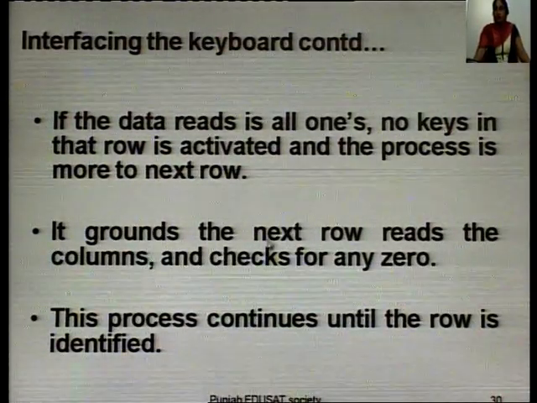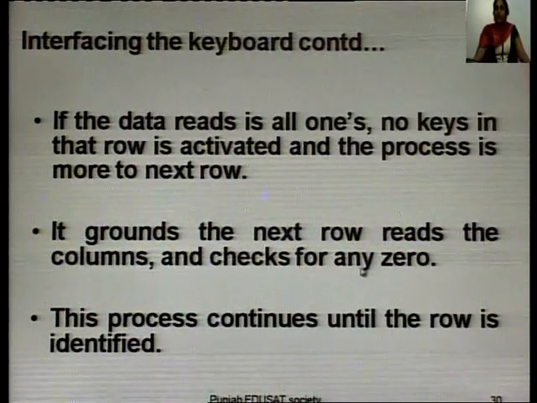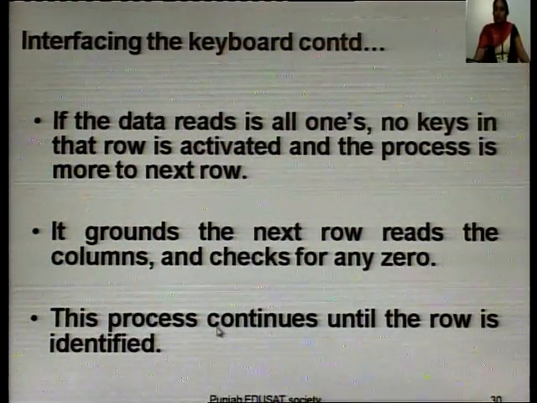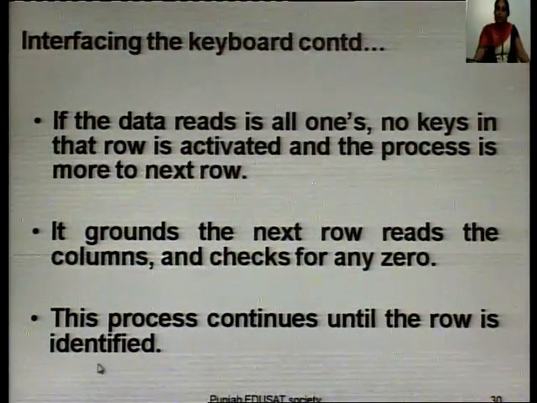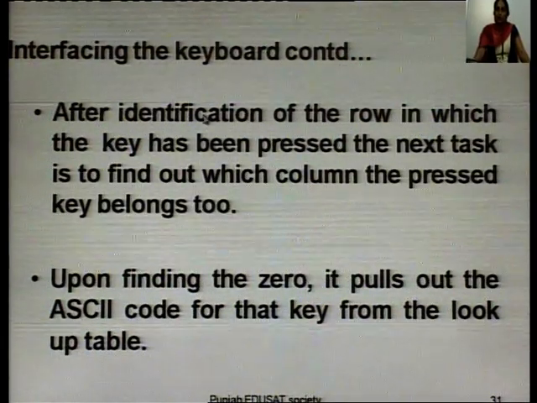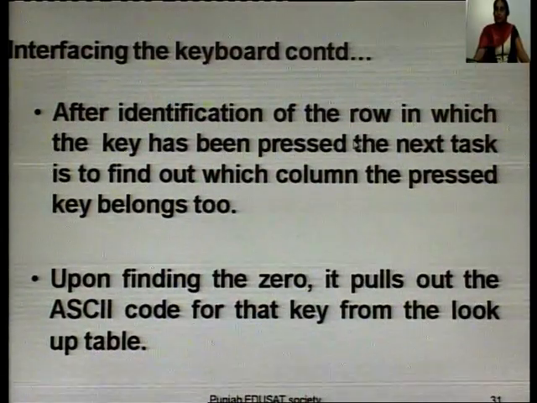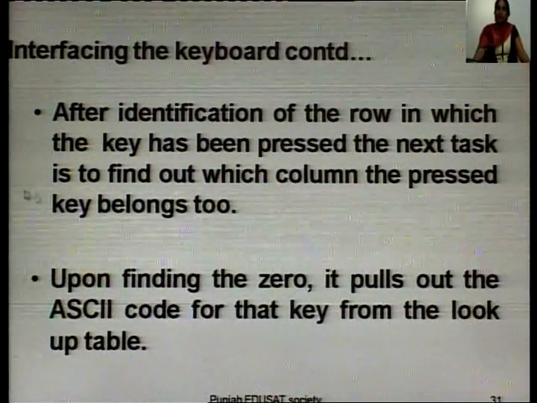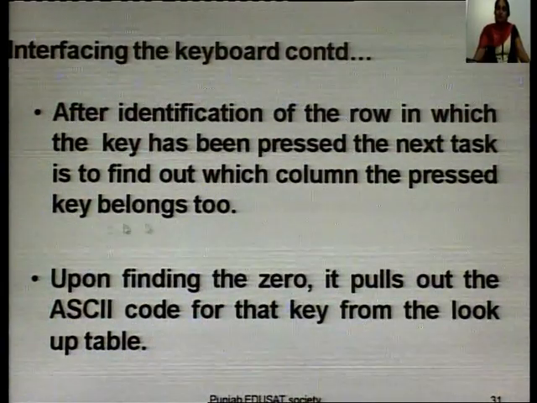It grounds the next row, reads the columns and checks for any 0. This process continues until the row is identified. After identification of the row in which the key has been pressed, the next task is to find out which column the pressed key belongs to.